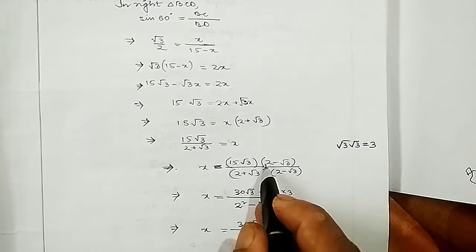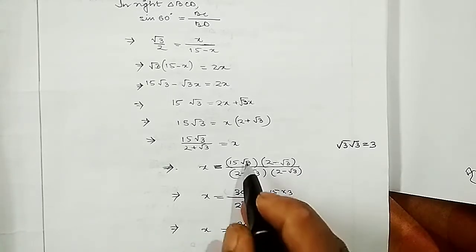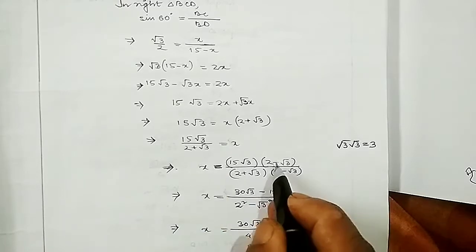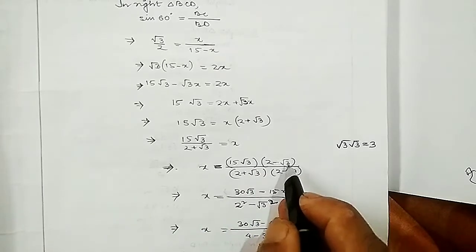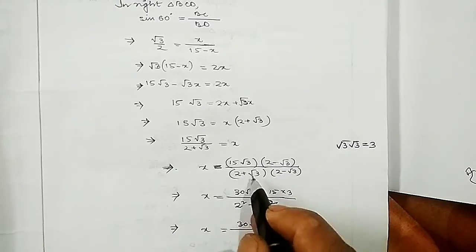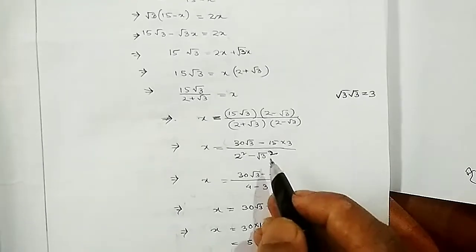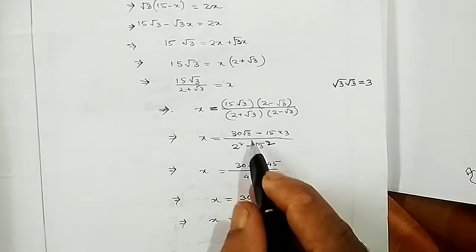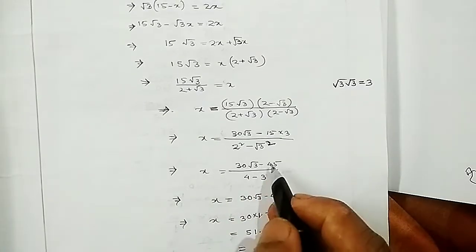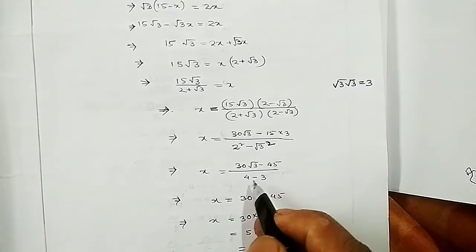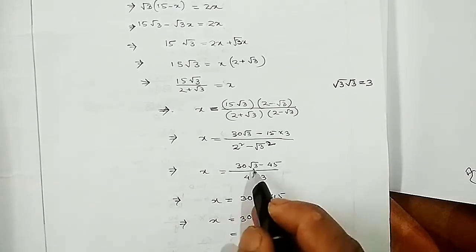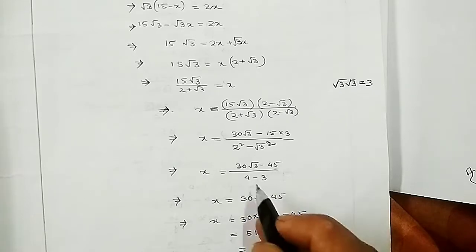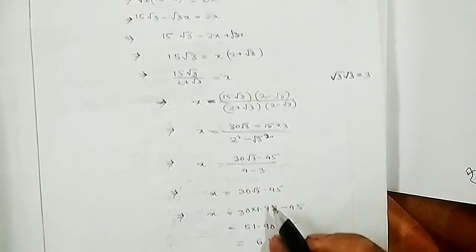15 root 3 into 2, 30 root 3, minus 15 root 3 into root 3, that is 3 into 15. And in the denominator, (a plus b)(a minus b) is a square minus b square. So x equals 30 root 3 minus 45 over 2 square, which is 4, minus root 3 square, which is 3. 4 minus 3 is 1, so no point in writing this.